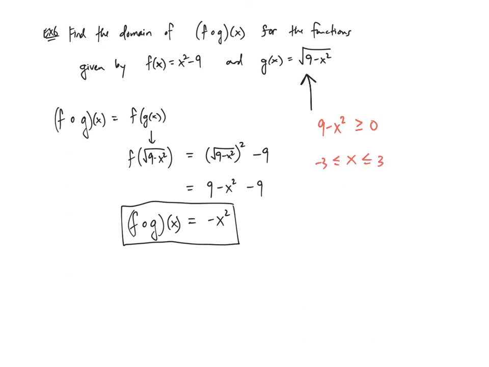So in the beginning, the domain is x has to be between negative 3 and 3. Now, after it gets the output into the g function, it goes into the f function. And of course, any number can go into the f function, so there are no additional restrictions. Therefore, the final domain of this function is that x has to be between negative 3 and 3.